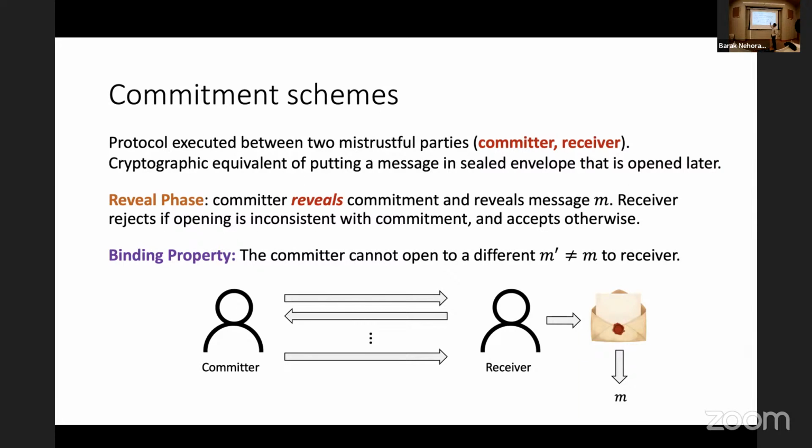And the binding property of the commitment scheme means that in the second phase, the committer cannot open to a different message M prime than the original message. He can't suddenly change his mind about what message he wants to reveal to the receiver. So this is a commitment scheme, super useful. It's a very basic object in cryptography.